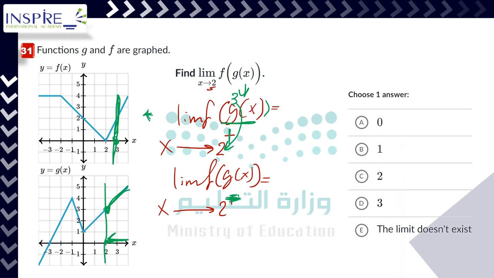So I need to get it as x approaches 3 from the right side, not 2, because I got the result 3 from the first function g. So in the second function, which is f, I will use this 3. The function is getting towards 2, so the answer here is 2. Let's check it in the next one.